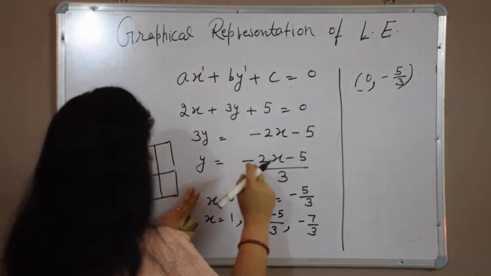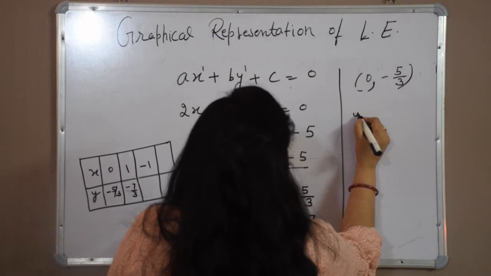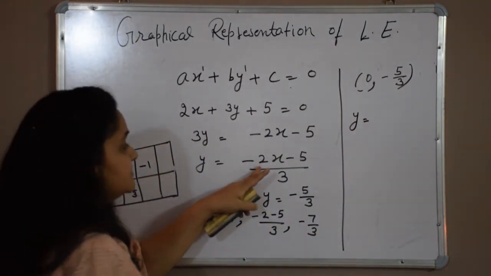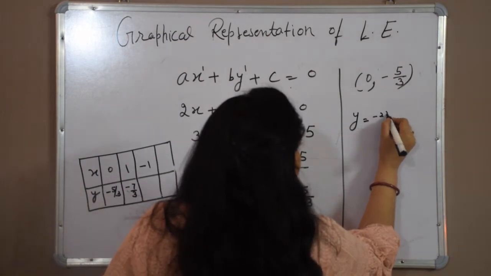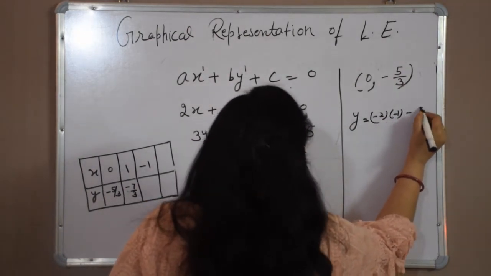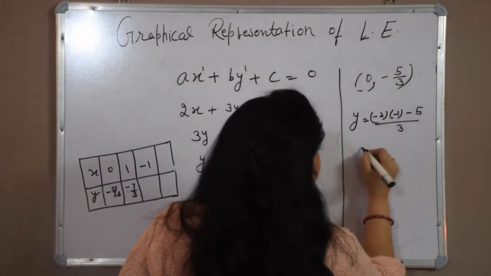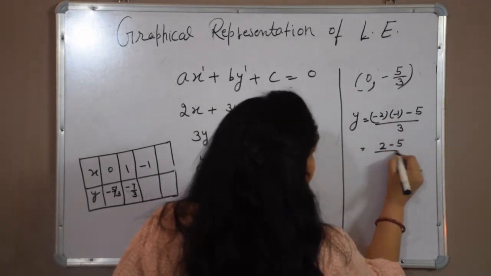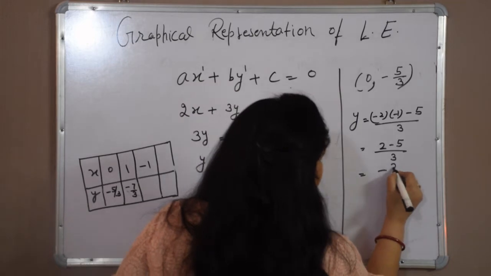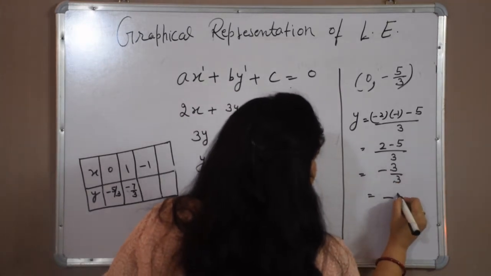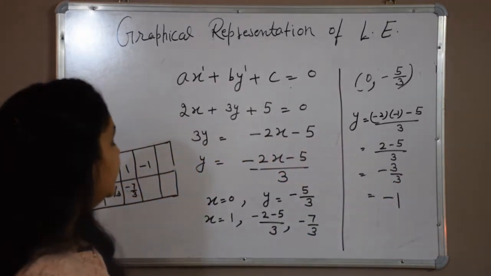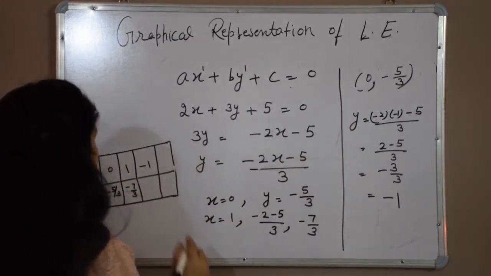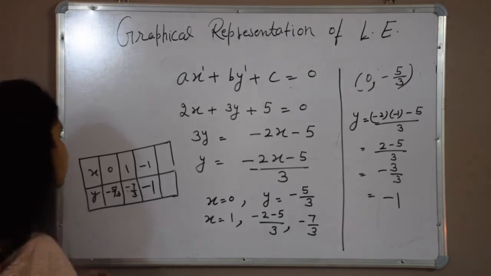So now, whenever I am taking x as minus 1, I put this value in: minus 2 into minus 1, minus 5, divided by 3. So it becomes 2 minus 5 divided by 3, that is minus 3 by 3, that is equal to minus 1. So when x is minus 1, accordingly y is also minus 1.